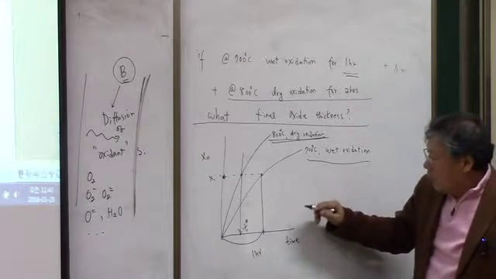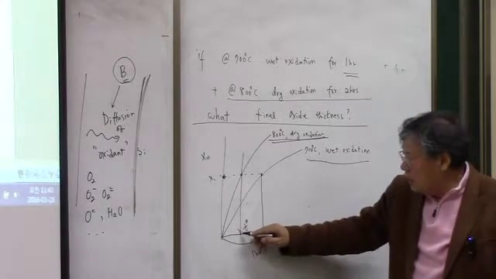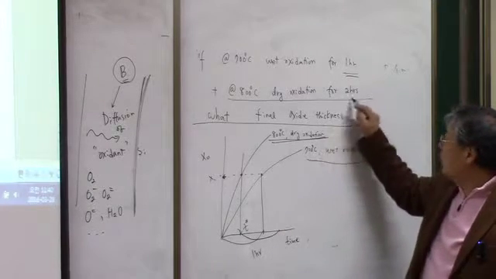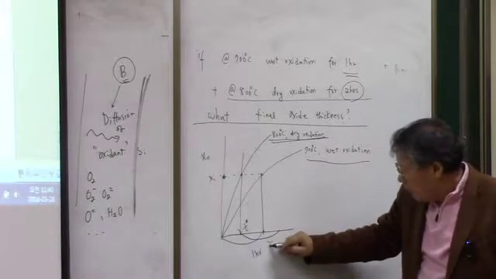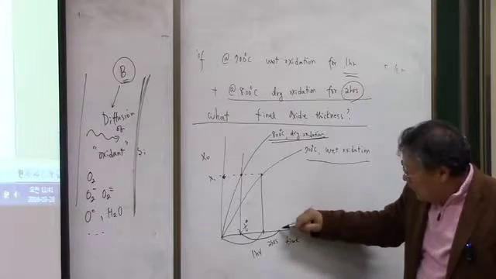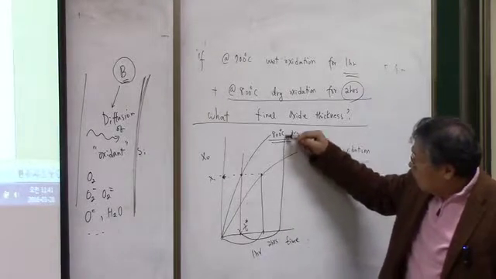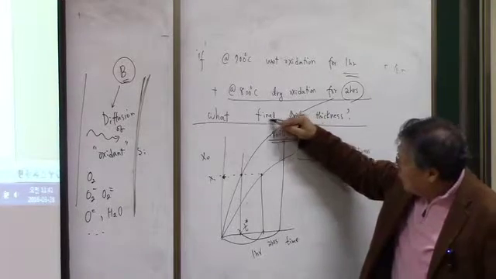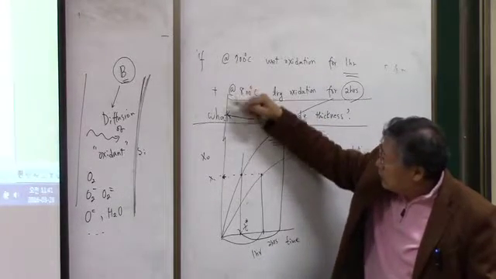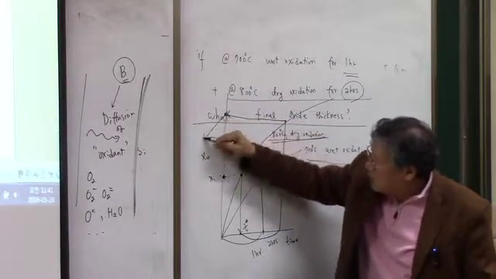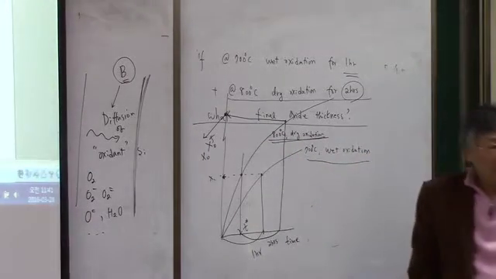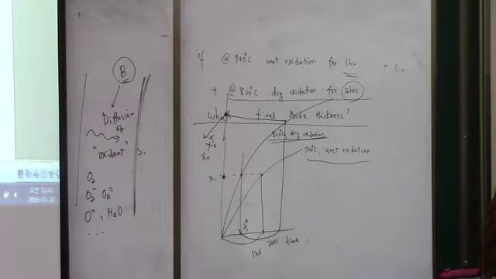And then you just use the T star and the 2 hours you have done, so you are going to follow this time, and then you're going to have the thickness here. And this is the thickness of your oxide, the final. Can you see this? Okay?